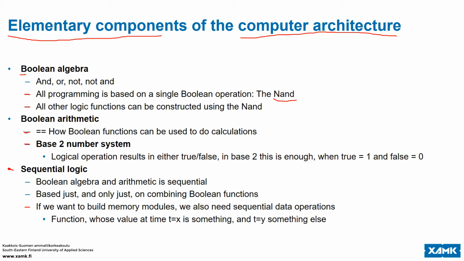And in addition to these logic gates, we need some sort of timing mechanism in order to construct functions whose value at one time is something, and then at another point in time, the value of the function is something else.